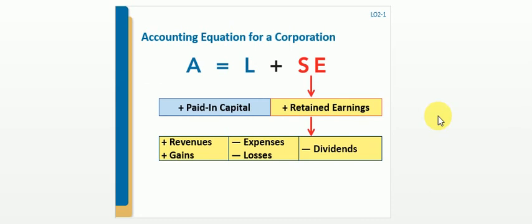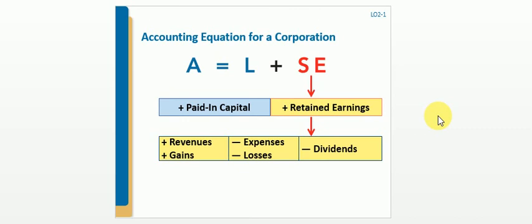Accounting equation for a corporation. For a multinational corporation or a big corporation, assets will always be equal to liabilities plus stockholders' equity. What do we mean by stockholders' equity? Stockholders' equity means the paid-in capital plus the retained earnings.